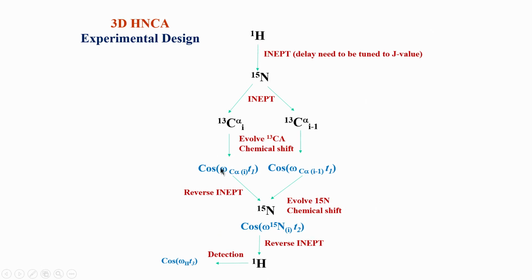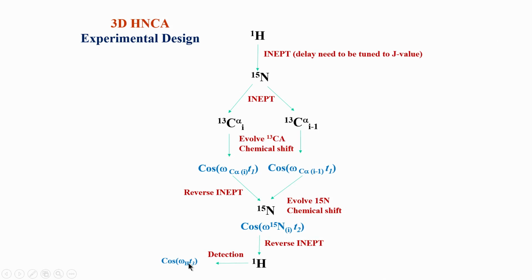So, we are getting this chemical shift correlated with this chemical shift correlated with this chemical shift. The other pathway is through this. That is the second pathway. The second pathway is giving us correlation of I minus 1 C alpha with nitrogen I and proton I.